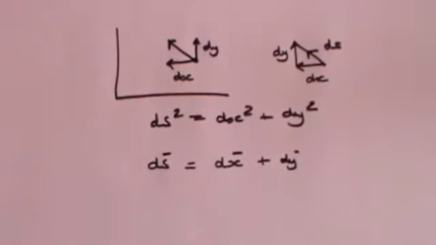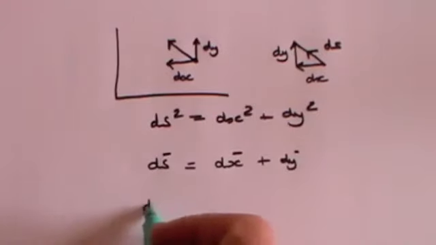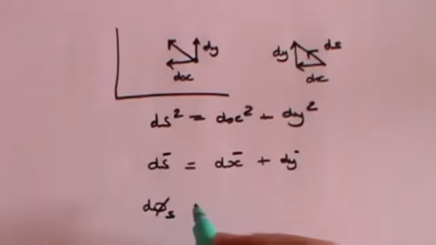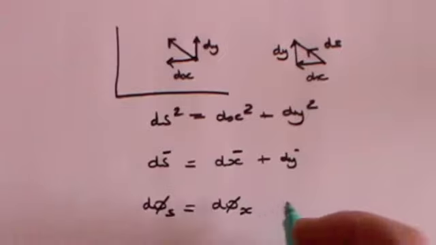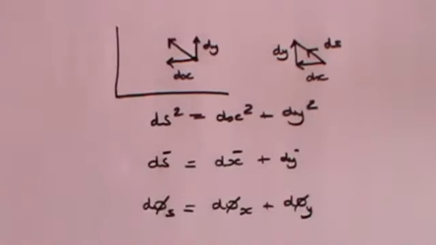Or, if we want to know what the change in height is, we can say that the change in height as we go along the path s is equal to the change in height as we go along the path x plus the change in height as we go along the path y.